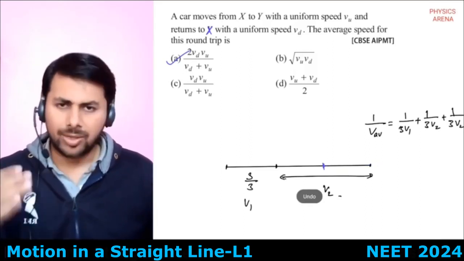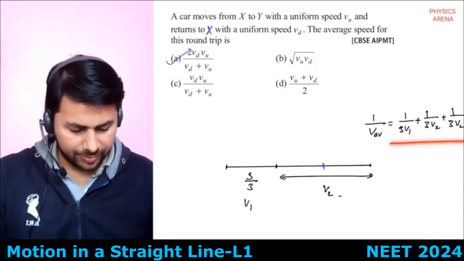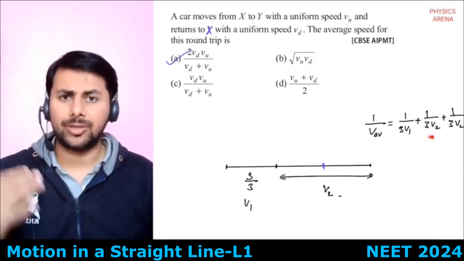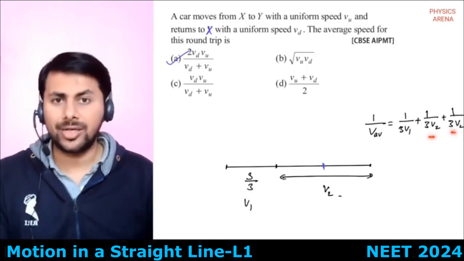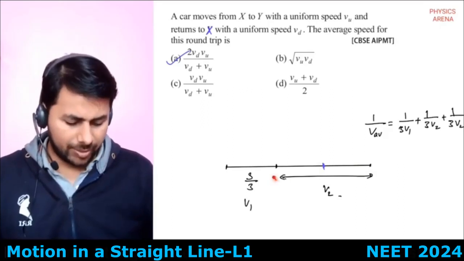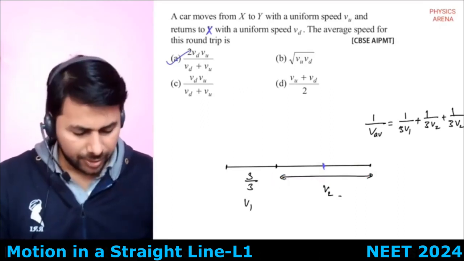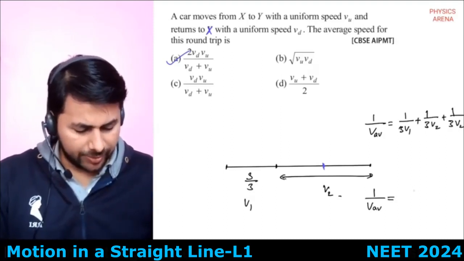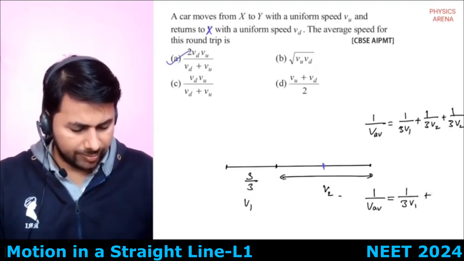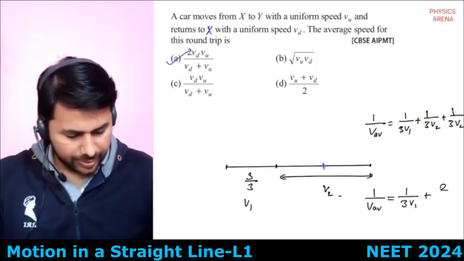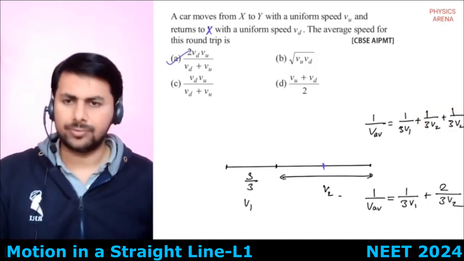So your 1 upon v average will be, using the same formula, 1 upon 3v1 plus 1 upon 3v2 plus 1 upon 3v3, but v3 will be equal to v2 only. So this will be equal to 1 upon 3v1 plus 2 upon 3v2.